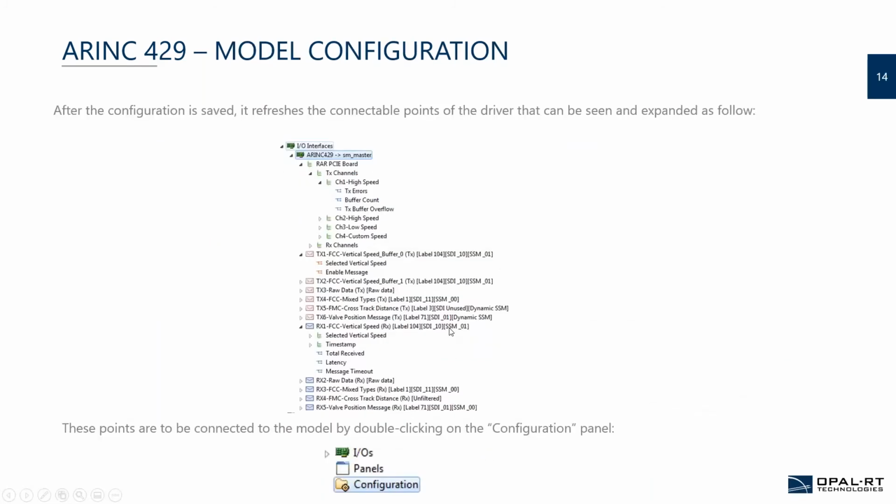Once that is done, we have configured the driver inside the GUI. You need to make the connection between the Simulink environment and our system. With the input and the output that you put in your model, you start defining. Under the ARINC, you have all the data structures that you created. Then after that, you go to another page called configuration.